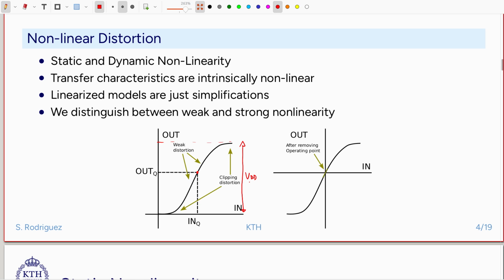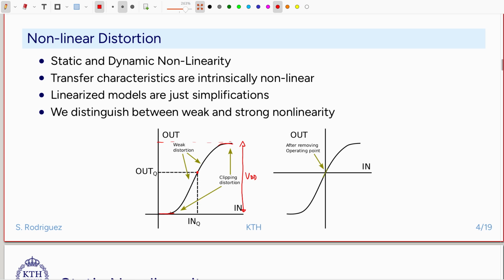There is a family of amplifiers, power amplifiers, where you can go above the power supply, but we are not going to touch these kinds of amplifiers in this course. So for linear amplifiers, we have a limitation in the signal swing at the output: we cannot exceed the power supply VDD. When the signal approaches VDD, the amplifier is going to clip. We call this clipping distortion, an extremely strong distortion. Basically the signal is going to be cut.